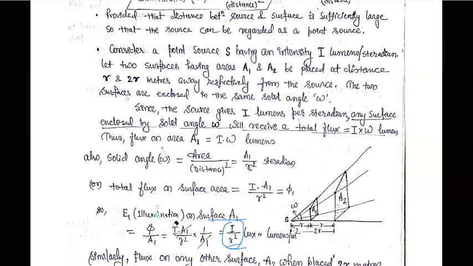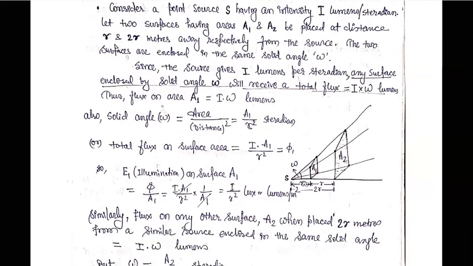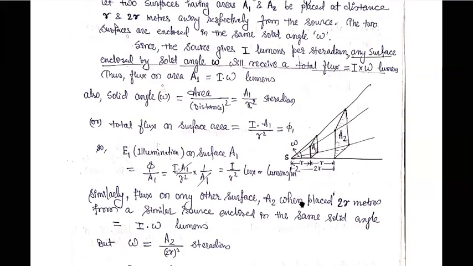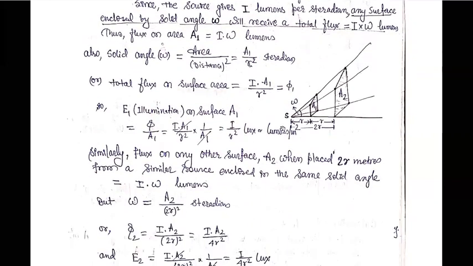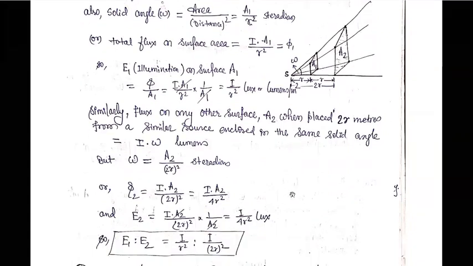अब हम लोग सेकेंड सरफेस को कंसीडर करते हैं, तब क्या होगा? सेकेंड सरफेस which is at a distance of 2R from the source, ठीक है, यहां पर अब फ्लक्स क्या होगा इस सरफेस पर?